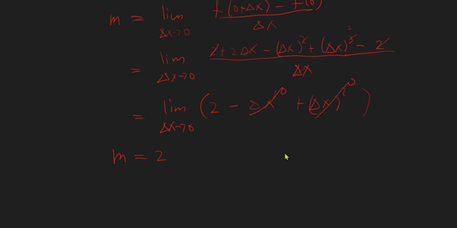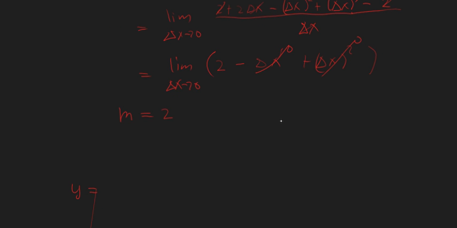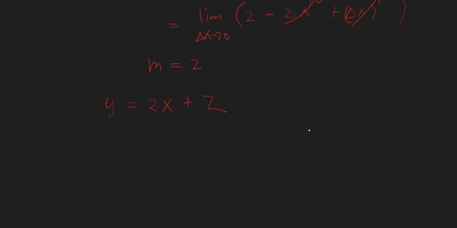Then to solve for the equation of the tangent line, y equals mx plus b. Our m is 2, so this will be y equals 2x plus b. Our b before is 2. Or if you want it in general form, you can put y on the right side, so this will be 2x minus y plus 2 equals 0.